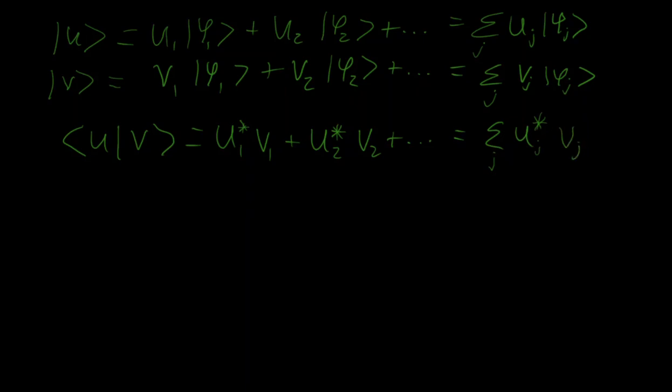Now let's generalize this into function spaces. How can we define an inner product in function space? Let's take psi1 of x, which is the integral from negative infinity to infinity. It's the same thing, a sum over all possible values, except now q, our observable, is a continuous quantity.